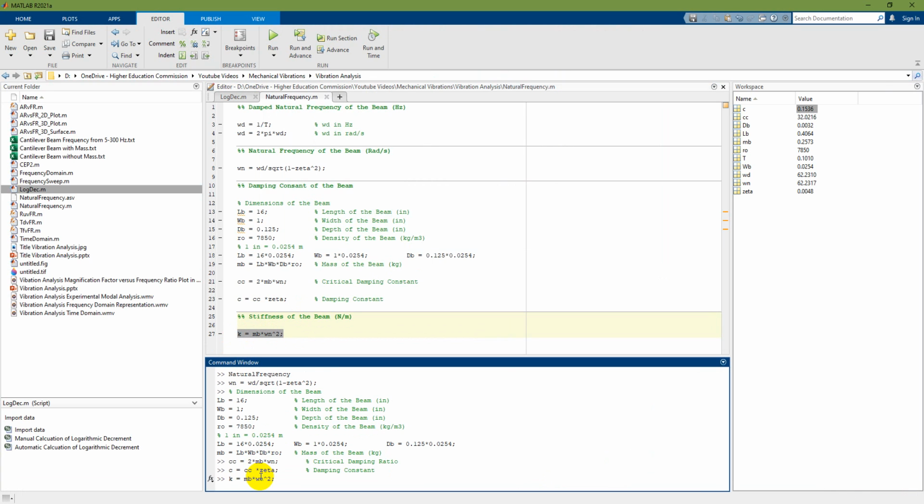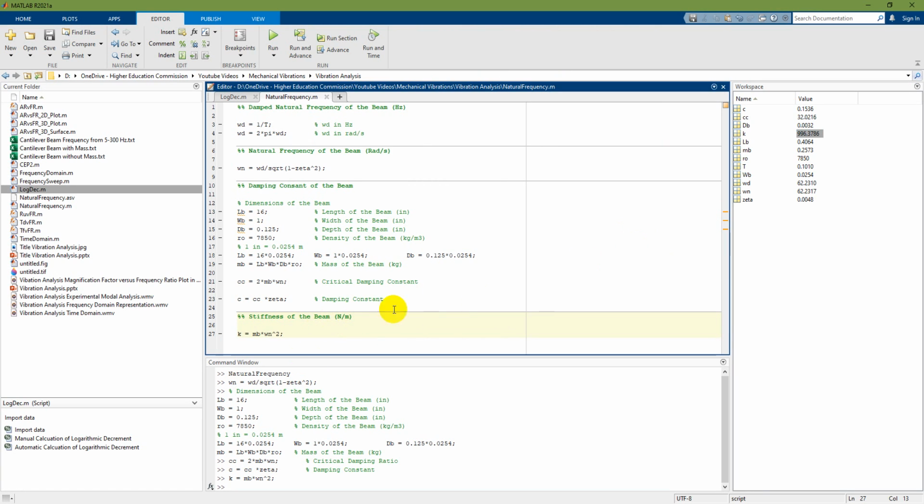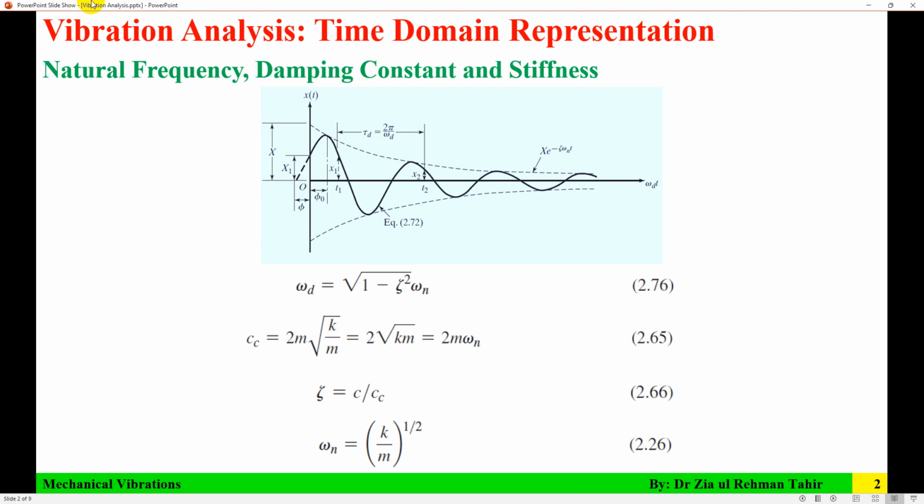So you can calculate that K. Now the stiffness of the beam comes as 996.3786 Newton per meter. So that is all about calculating the natural frequency, damping constant, and stiffness.